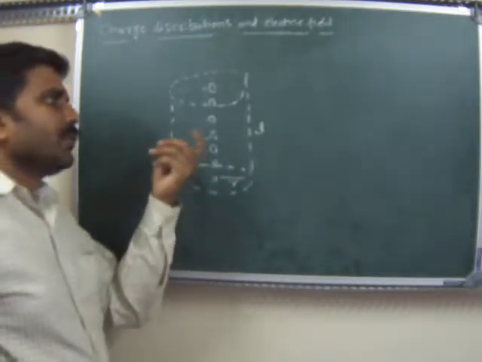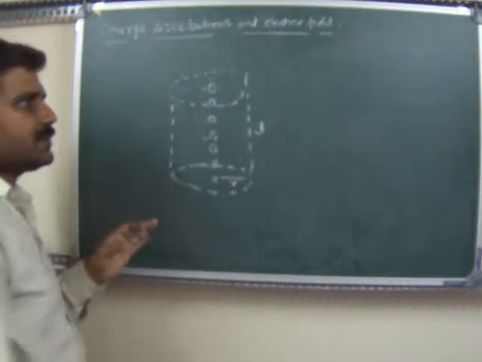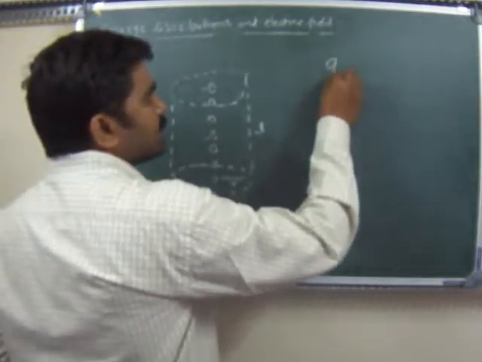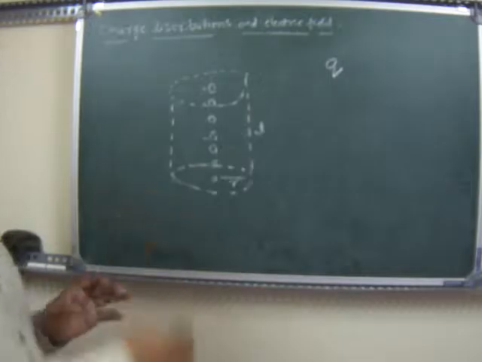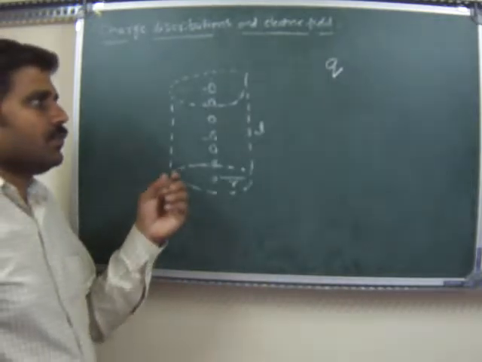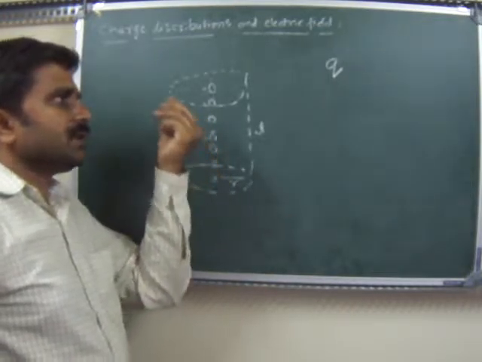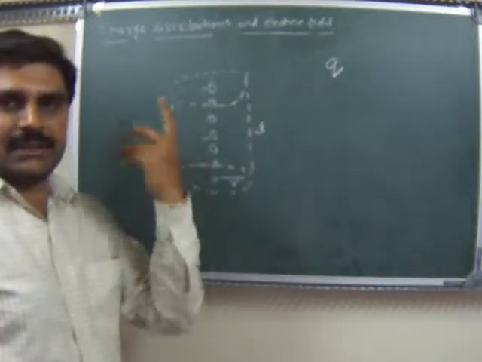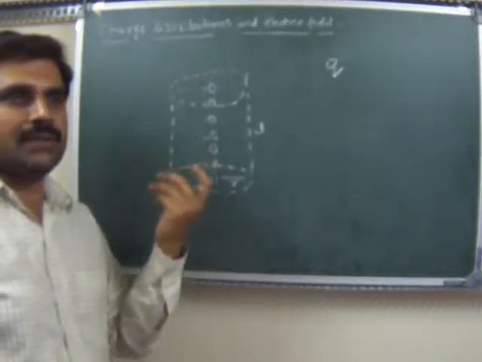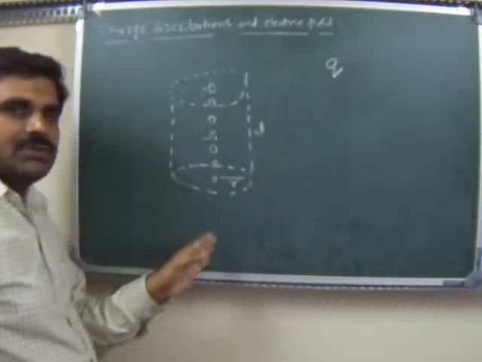What will be the charge on it? For example, you have a charge Q on a hole. So what is the charge per unit length? Charge per unit length, because it is an infinite charge distribution.